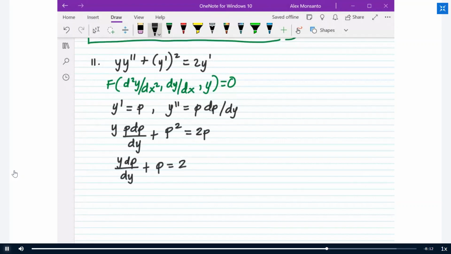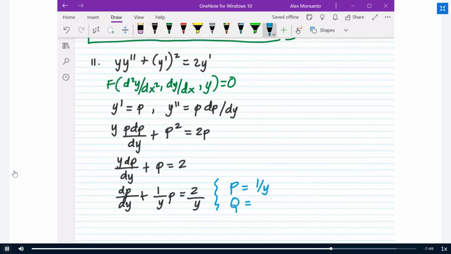Dito pwede nating i-divide both sides by y, para magmukha siyang parang linear first order. From that, pwede mong sabihin na yung ating capital P will be 1 over y, tapos yung ating capital Q is 2 over y.